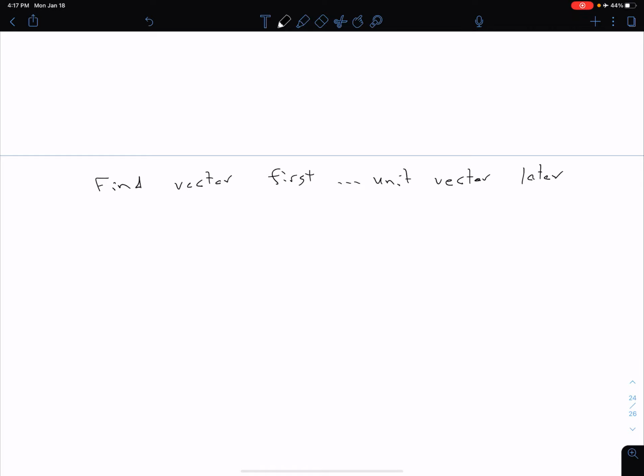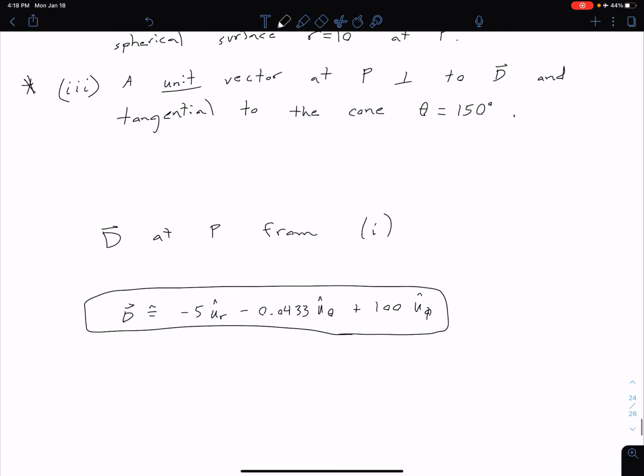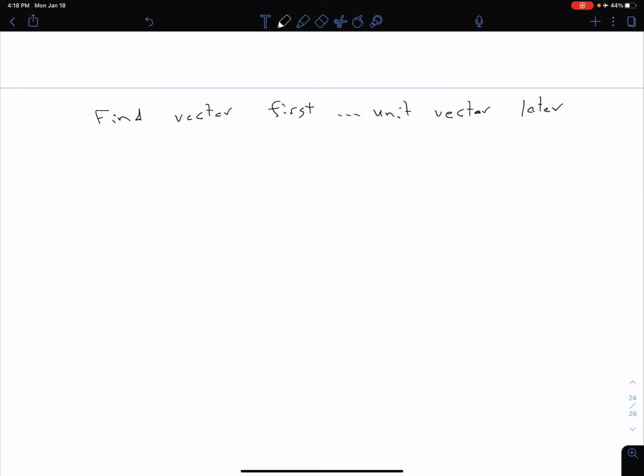Okay, so now we're talking about this cone at theta equals 150. We talked about constant coordinate surfaces. For theta, remember it's defined as the angle coming down from our z-axis. So if we go 150, we've gone past 90, so we get something that looks like this, and then we spin it around for all phi, all r values, and we end up getting a cone that looks something like this.